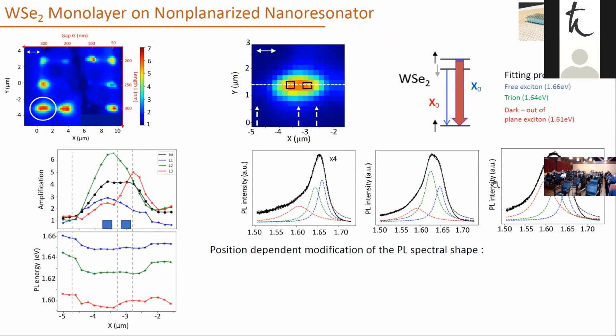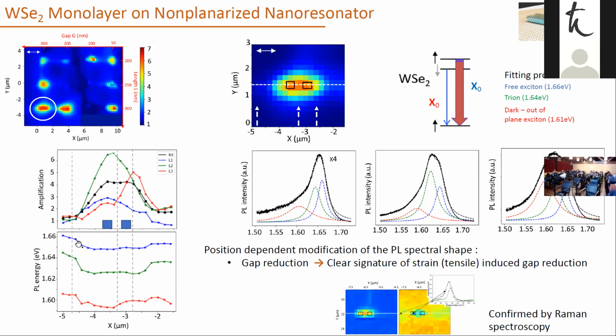So to try to quantify a bit more of this phenomenon, we fitted this experimental curve using 3 Lorentzians, one corresponding to the free exciton, one corresponding to a trion, and the last one to the dark out-of-plane exciton. So these are the 3 main peaks we expect for WSe2 at room temperature. And we can now follow along this line the amplitude and the PL energy of all these 3 main peaks.